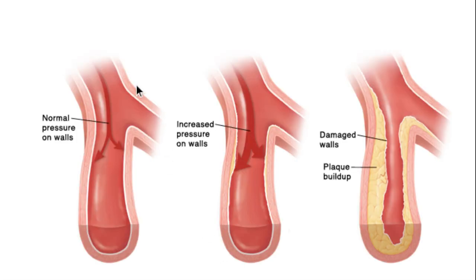So here's what happens. Normally we have blood pressure, the pressure of the blood pushing against the walls of our artery. If that's normal, everything works normally. If we have high blood pressure, it causes little tears in our artery walls, and these little tears cause plaque to build up.